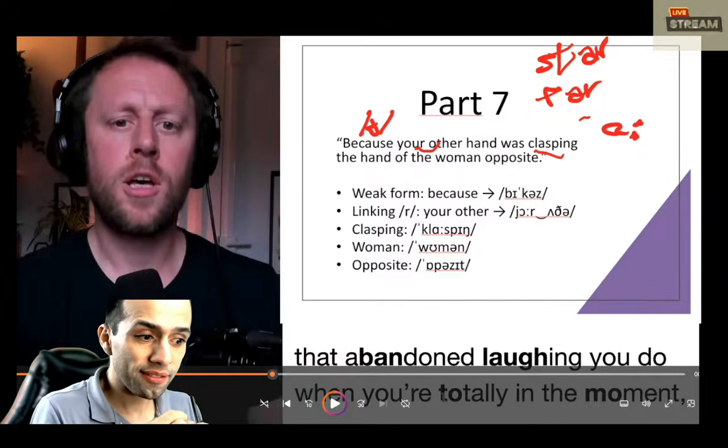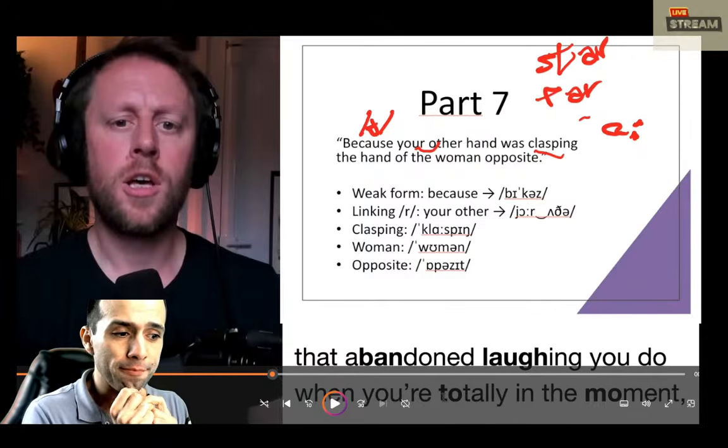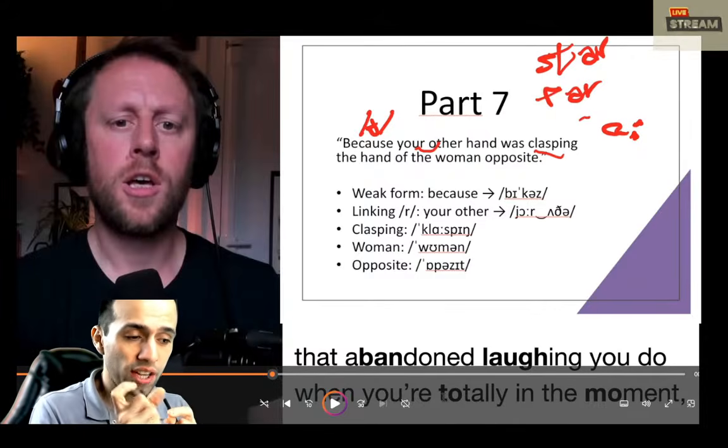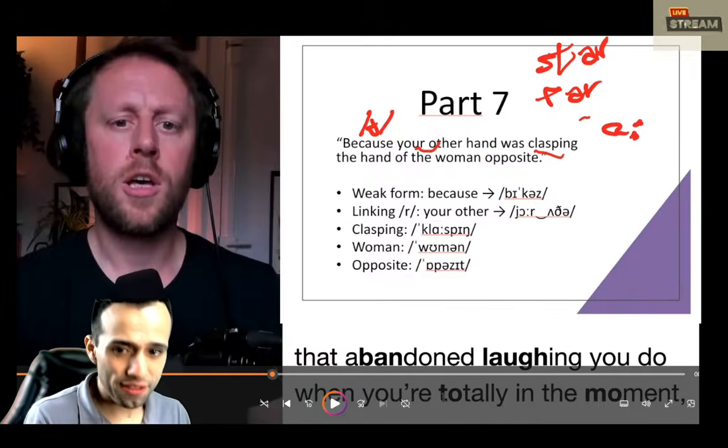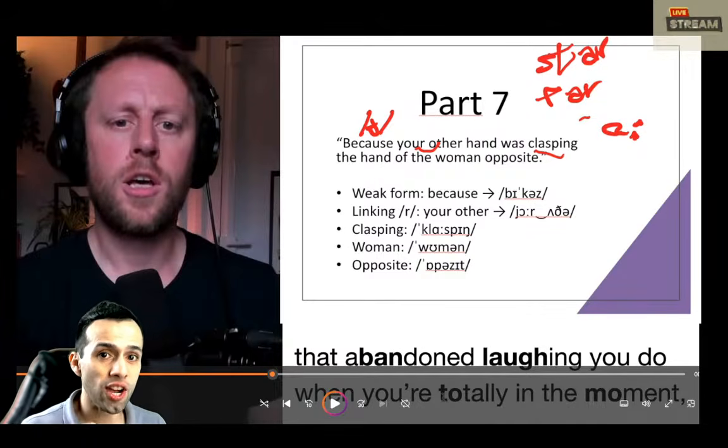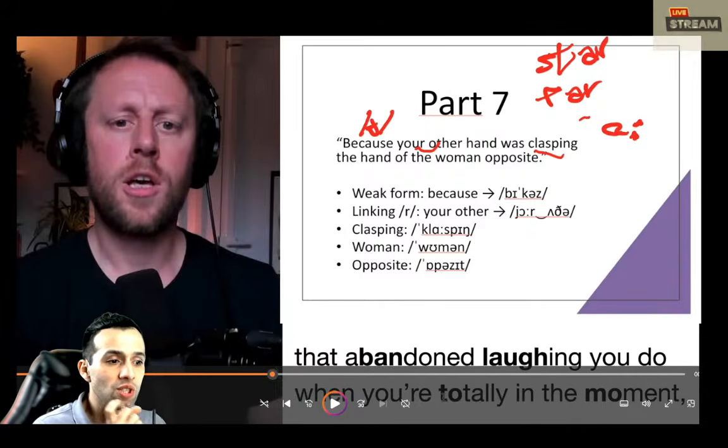But in this case, what's going on here? Because your other begins with a vowel sound, right? So what we get there is a linking R sound. Your other hand, your other.